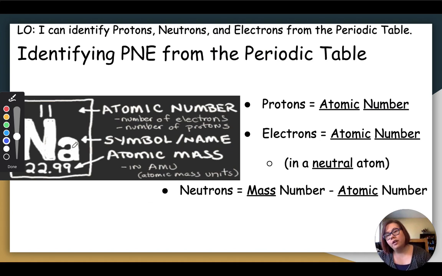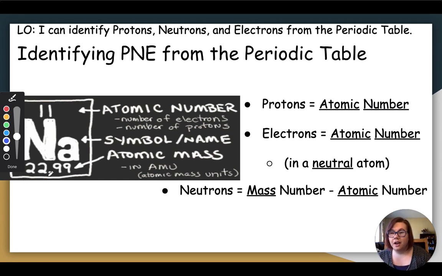So if we take a look over here at our example of Na, that element actually happens to be sodium. It's based on its Greek or Latin name. Our atomic mass down here is 22.99. A quick little rhyme that'll help you remember when you round: 5 and above, give it a shove.